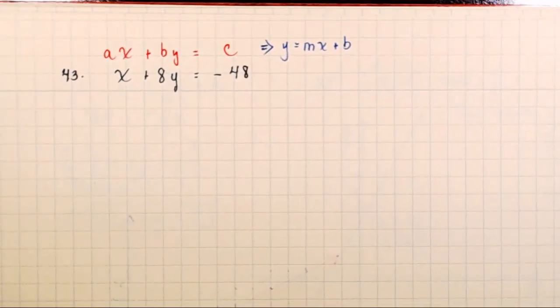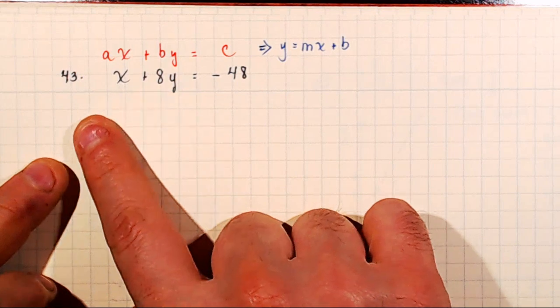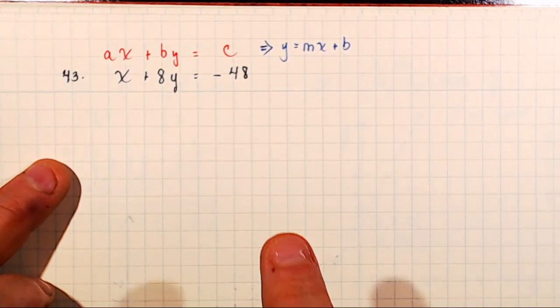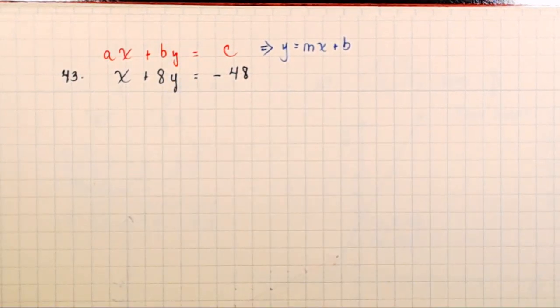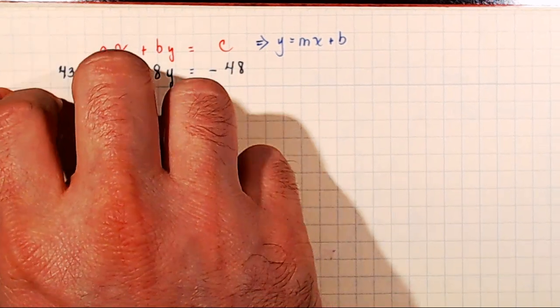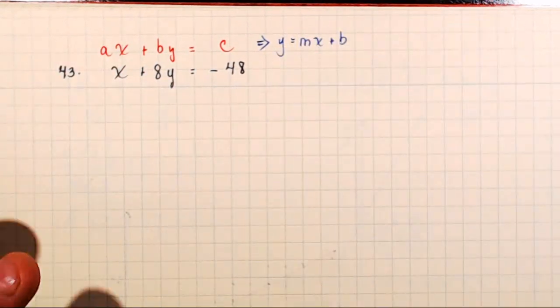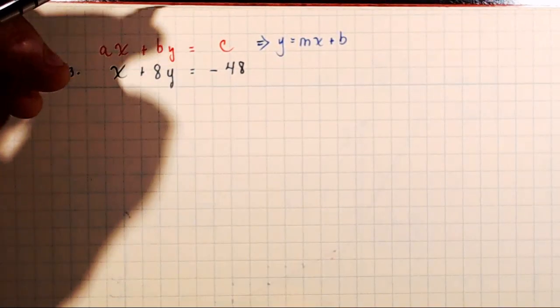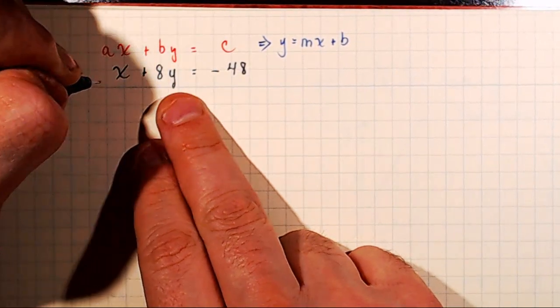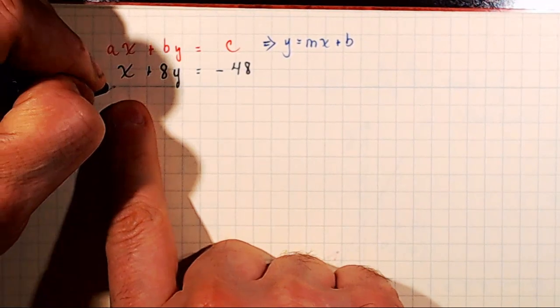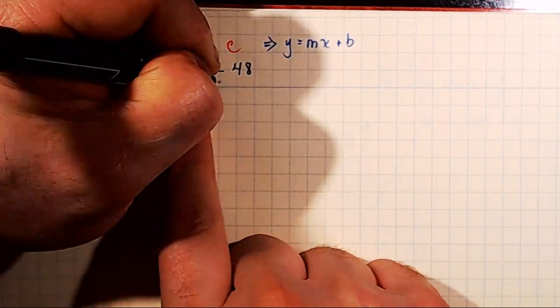What that really means is solve this standard form equation for y. So we're getting pretty comfortable with this. We're actually just going to do in reverse what we've been doing over and over and over again. So in this case, I want to get y by itself. My first step is to subtract x from both sides.